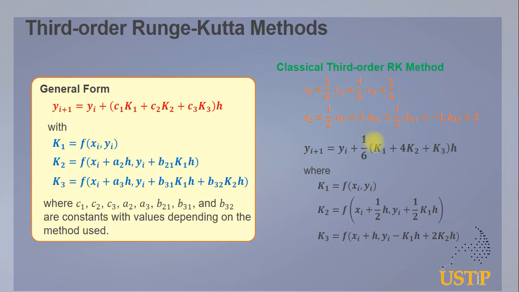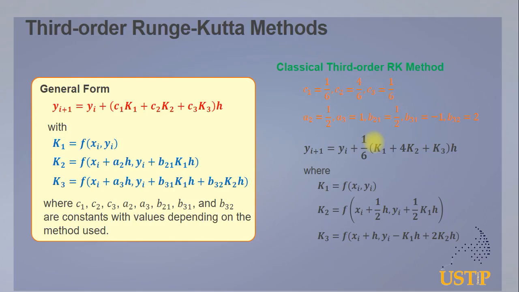Which is equal to f of xi plus a3h, yi plus b31 k1h plus b32 k2h. So C1, C2, C3, A2, A3, B21, B31, and B32 are constants with values depending on the methods used. Okay? So for third order Runge-Kutta methods, we have this classical third order RK method.